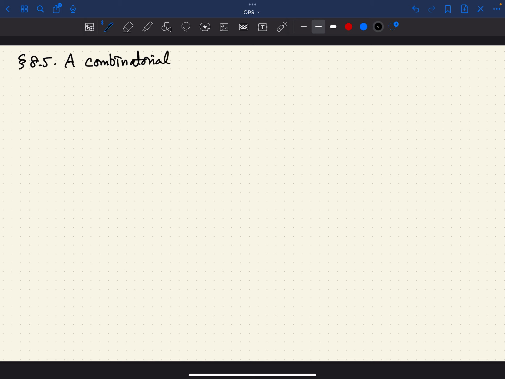Instead of using linear algebra, we can prove this directly using combinatorics, using disjoint paths and cycles. Let me tell you what they are. So we need to define something.